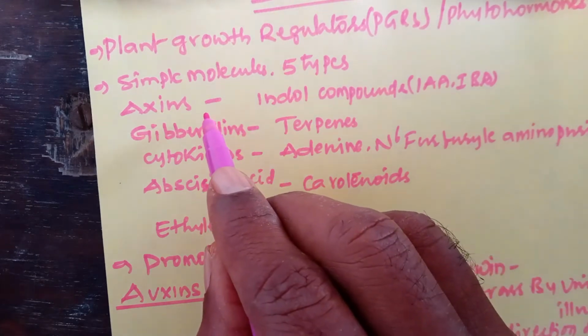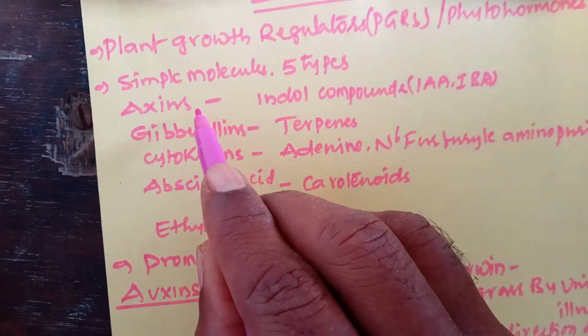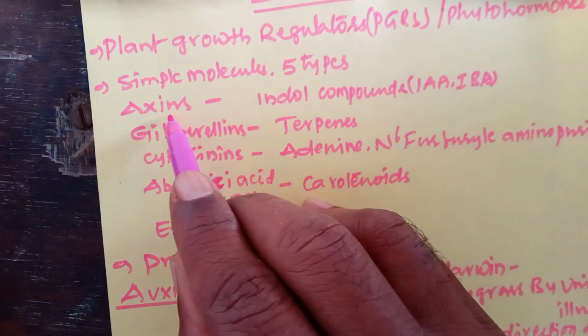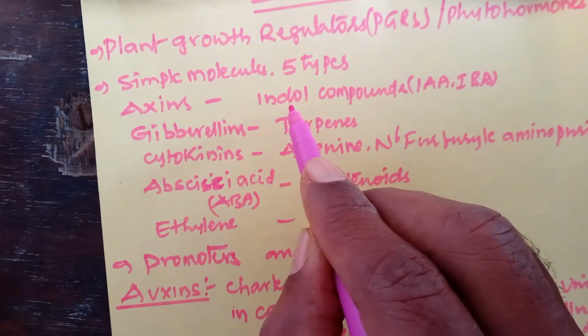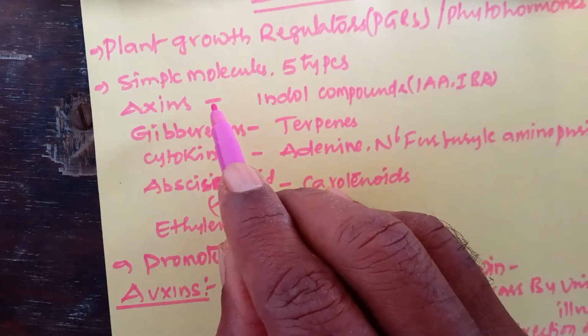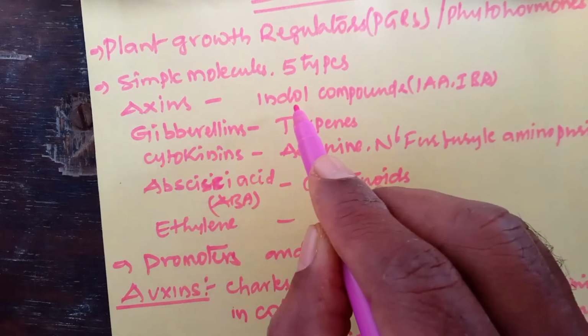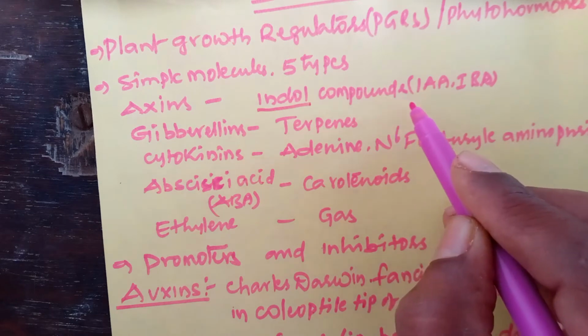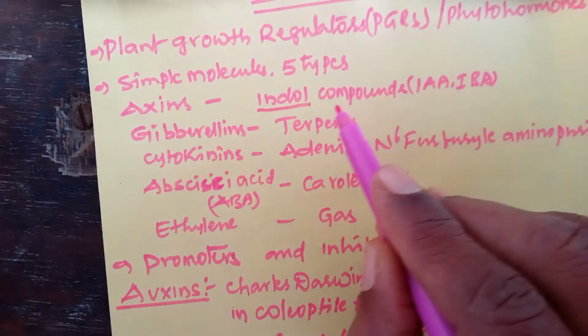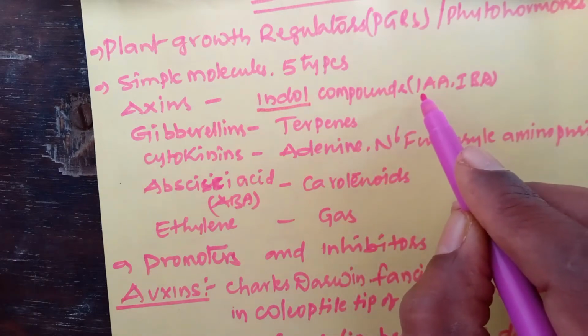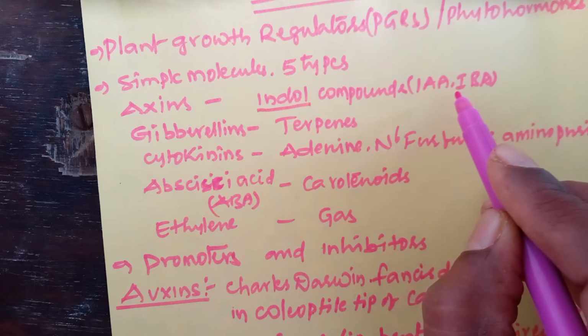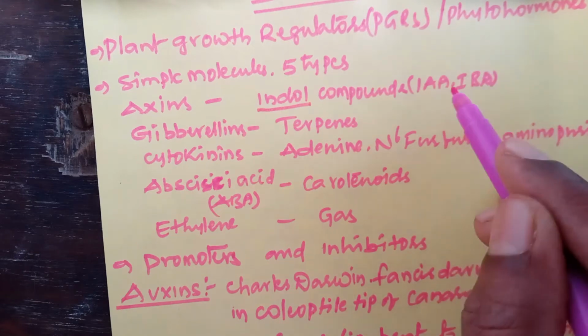When we come to the derivatives of different plant growth regulators, the first one is auxin. The chemical composition of auxin is indole. The chemical names of auxin are indole acetic acid and indole butyric acid.